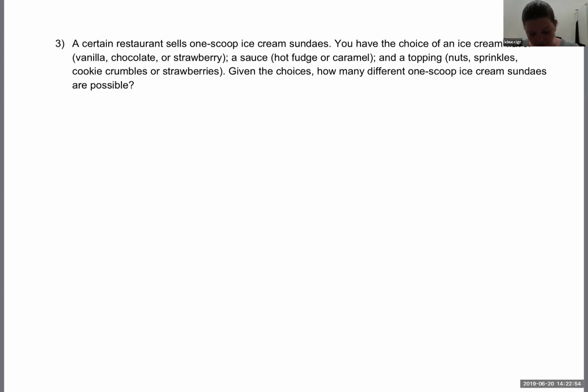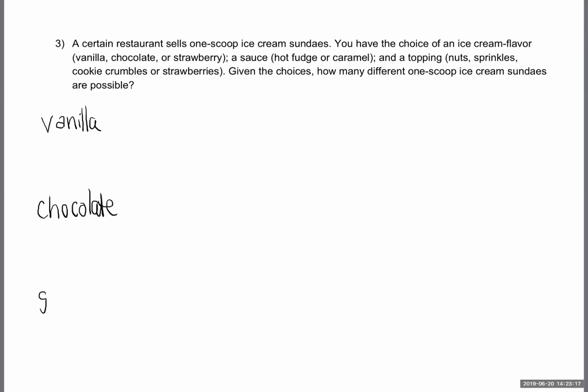Let me start with vanilla ice cream as my ice cream choice. Now I know this isn't the only choice, but I want to just start with this. So the first thing I do is choose vanilla ice cream. Now, how many choices do I have next? Well, whether it's vanilla, chocolate, or strawberry, you know, this was 3 choices, but all of a sudden my number of choices are going to multiply because now I get to decide my sauce.